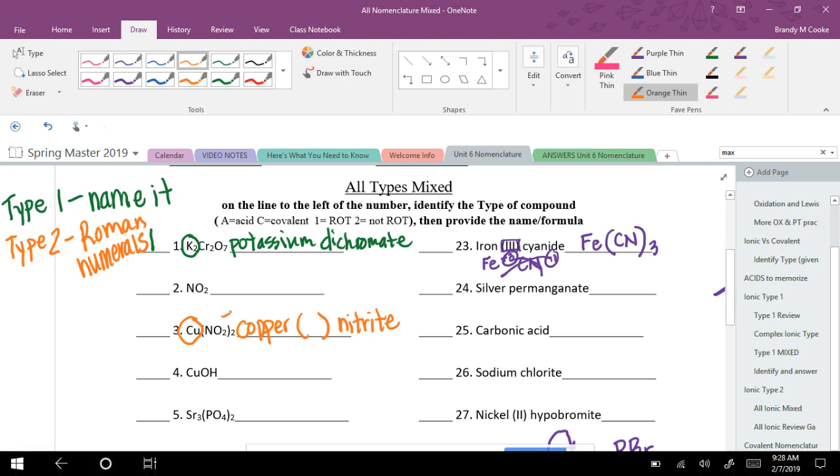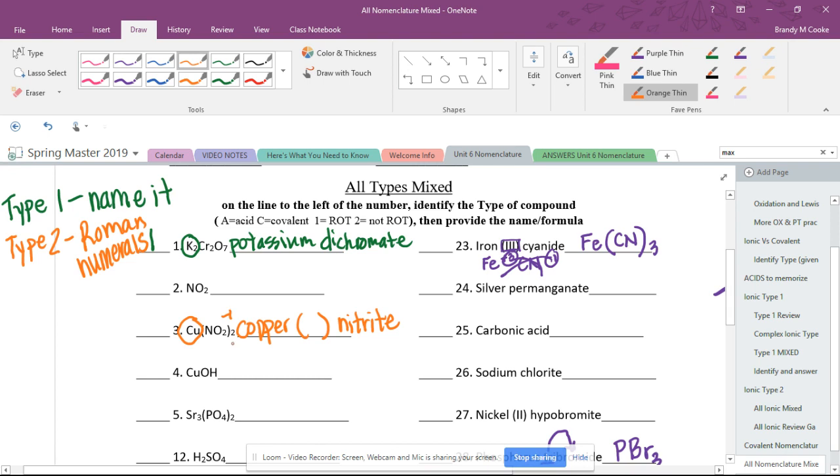So NO2 is a -1, and there's 2 of them. So the total is -2. If there's only 1 copper right here, then the copper charge must be +2 to cancel that out. If I'm going too fast with the individual rules, you can go back and watch the specifically type 2 video. But again, this is just to help slow you down and make sure that you're taking the time to look at that first piece of the puzzle. And that is the only way you're going to be successful here on this unit exam.